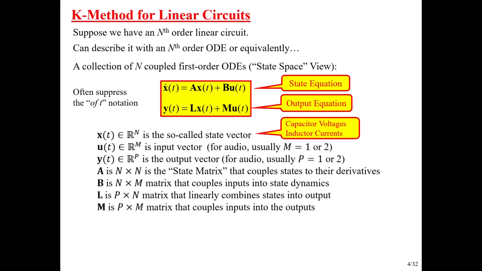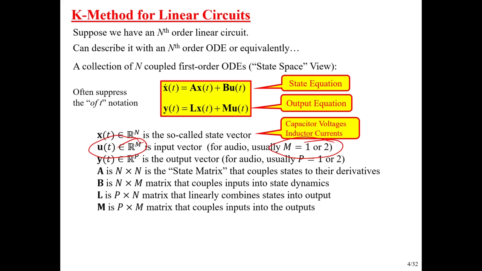Okay, so this just lays out the details of all of those, showing potential dimensions and so forth. Since it's n coupled first order differential equations, the state vector has n elements in it and is a function of time. We could have multiple inputs.